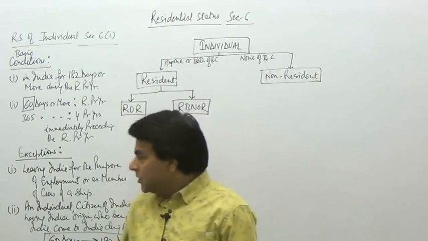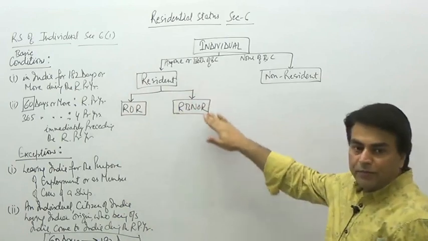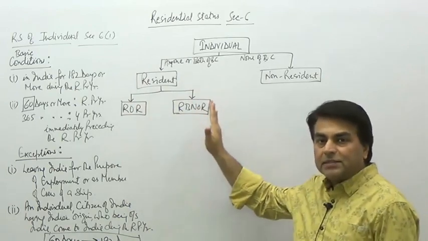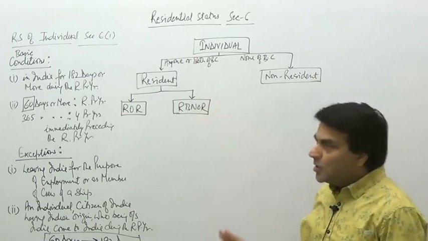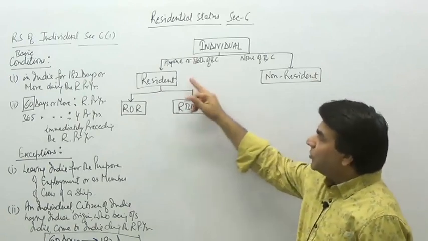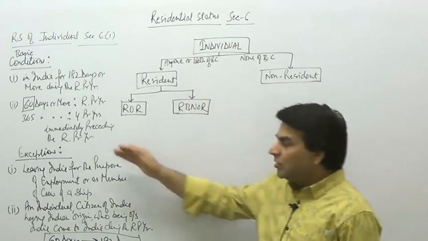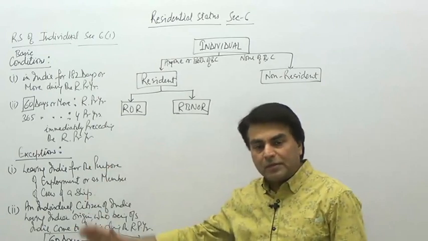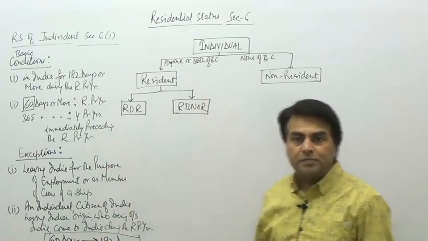Now the first level of ascertaining the RS is over. Now you know how your individual would become resident or non-resident, even if he falls under the cases of exception.